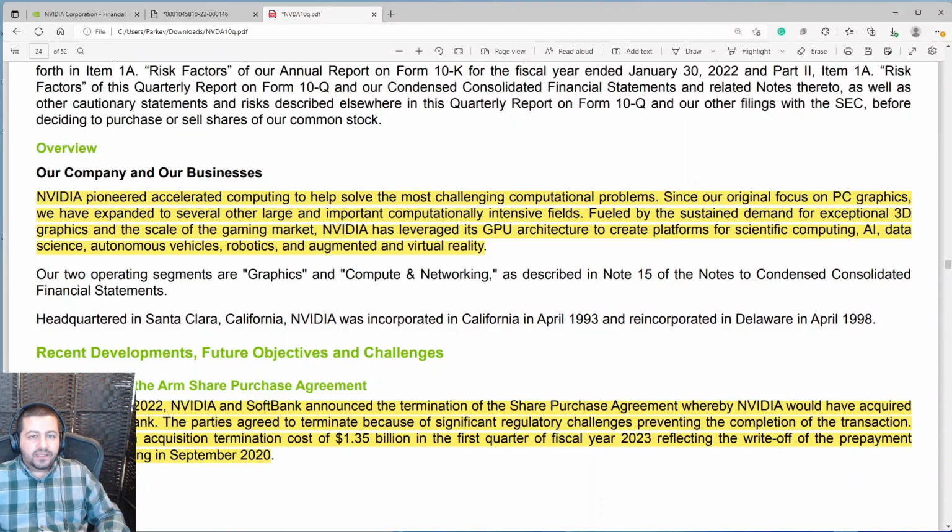Fueled by the sustained demand for exceptional 3D graphics and the scale of the gaming market, Nvidia has leveraged its GPU, which stands for Graphics Processing Unit, architecture to create platforms for scientific computing, AI, which is artificial intelligence, data science, autonomous vehicles, robotics, augmented and virtual reality. So that gives us an idea of what Nvidia does and the markets that it serves.